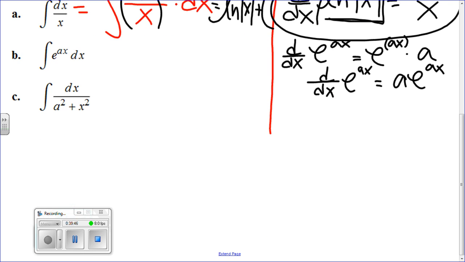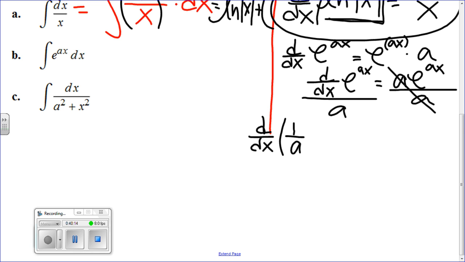Now that does not look like our question, except that it's not being divided by a. It doesn't have an a as the coefficient multiplying the e. So if we divide by a on both sides, or equivalently multiply by 1 over a, it's the same thing.